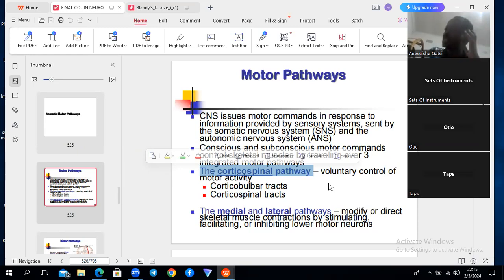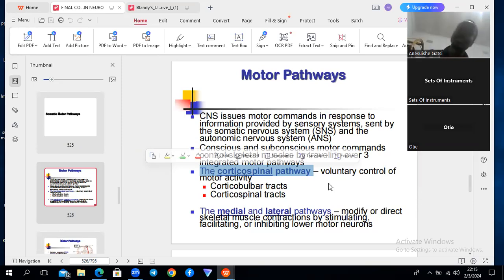If you want the finer detail, it will tell you that 40% will come from the parietal lobe, and the rest from the frontal lobe. But just know that for now, for the descending pathways, cortical means it's coming from the cortex.